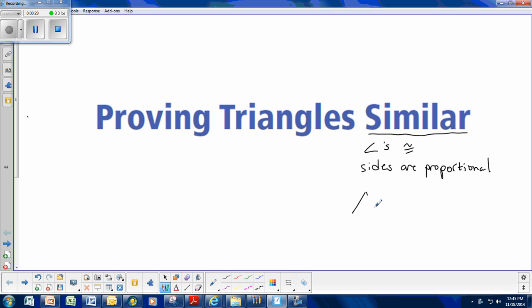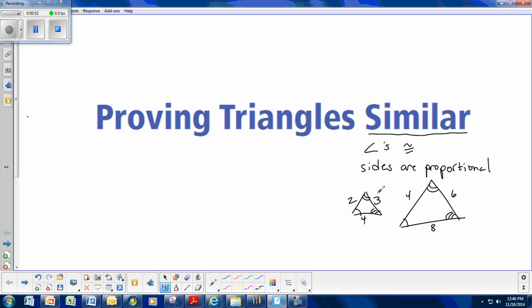For instance, if you had two triangles like that, where all the angles matched up, okay? All those angles are the same, they match each other, and then the sides are proportional, something like that.